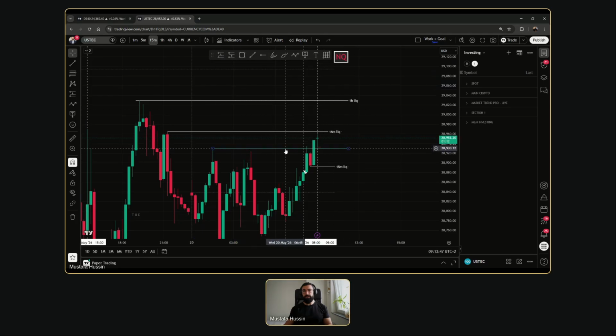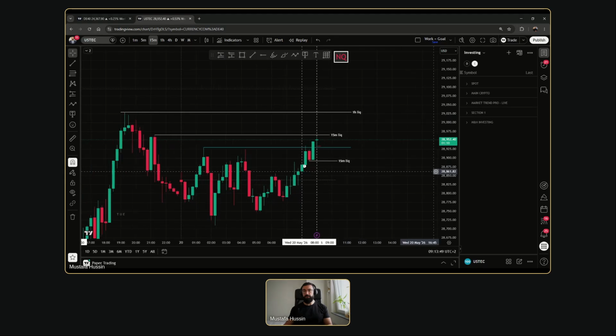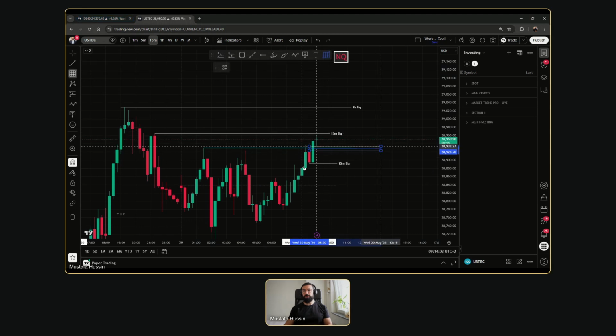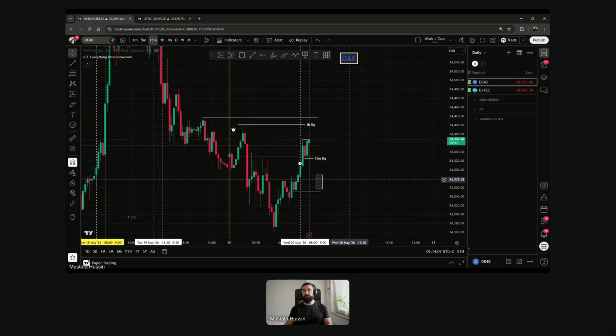Mark this line out as the breakout, the top of the overnight range. I can also see that there's a fair value gap about to be created when this candle closes.